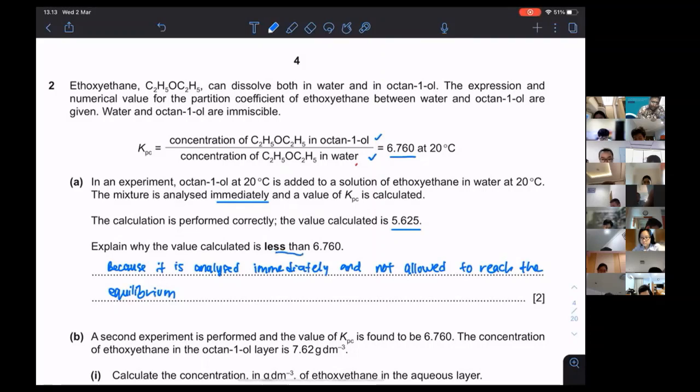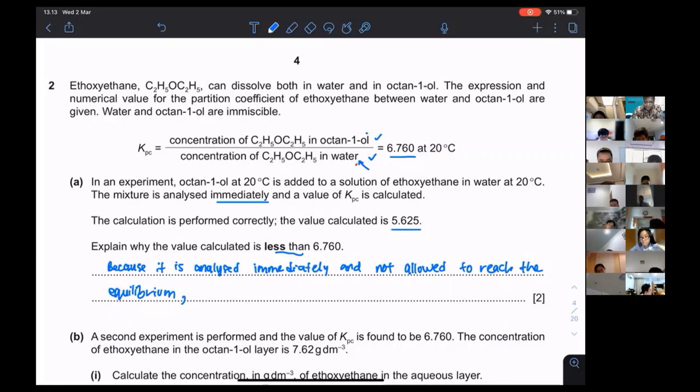Why is it less? Remember the ethoxyethane was still in water. If you have 5.625, it means that this value is still more. This value is supposed to get 6.760, but when you calculate, you are going to get a smaller value.